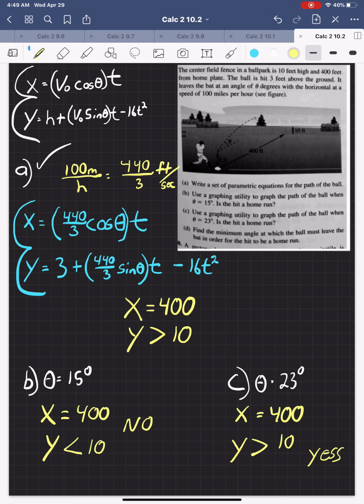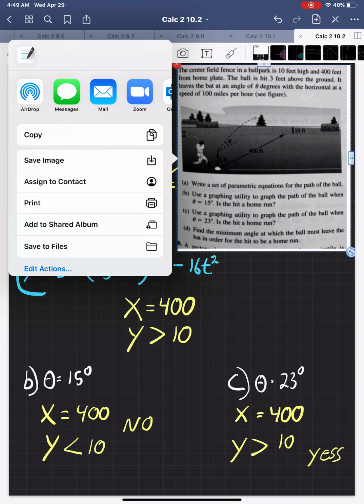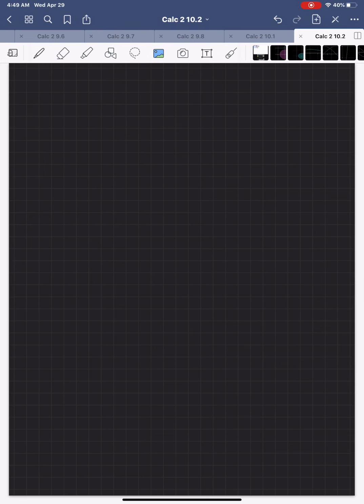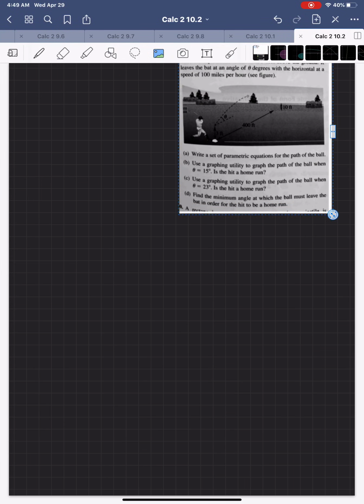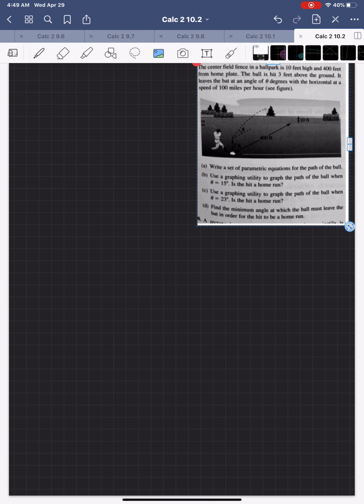All right. So what I want to do now is answer part D, which is the more pertinent question. So kind of entertain yourself for just a second. Let me take all of this picture.